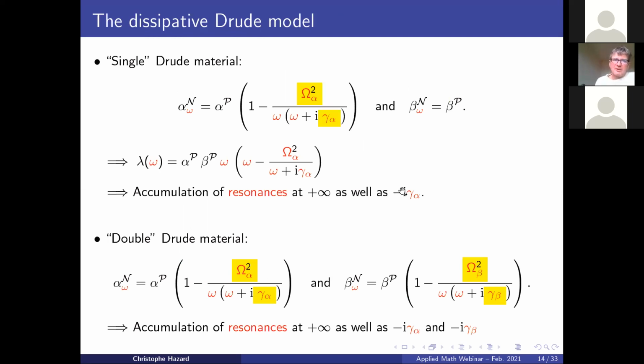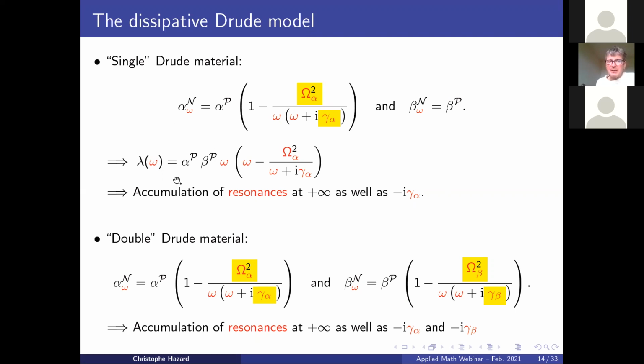Another kind of model is the dissipative Drude model. In the case where the material is dissipative, I add here a coefficient gamma_alpha, which is a damping coefficient. In that case, my omega squared in the non-dissipative model is replaced by this quantity here.